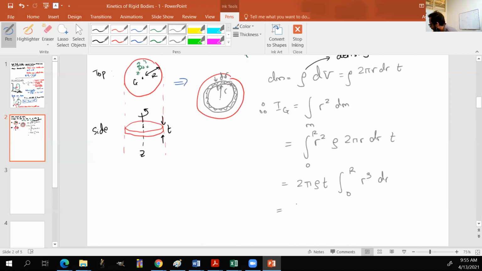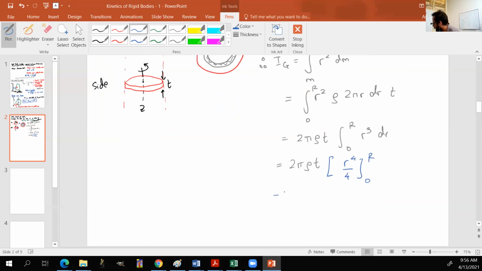All right, so 2 pi rho t, and then the integral of r cubed is what? R to the 4th divided by 4, right? Because if you differentiate this, the 4 comes down, 4 minus 1 is 3, the 4 gets canceled, you're left with r cubed. So this is changing from 0 to big R, right?